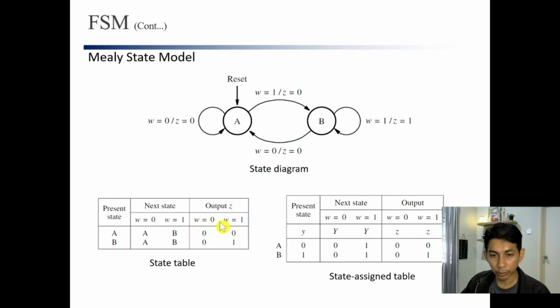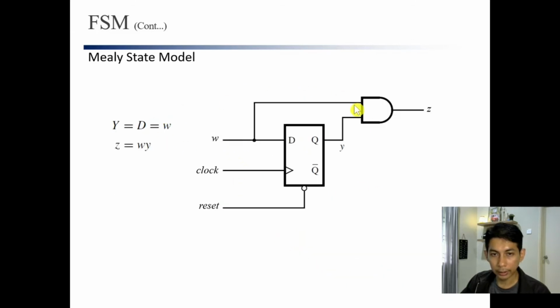So you try to do this on your own and try to generate this circuit. This circuit is of course based on this Boolean equation, where Y is actually equal to D and equal to w. So this is capital Y, and Z is w and small y.